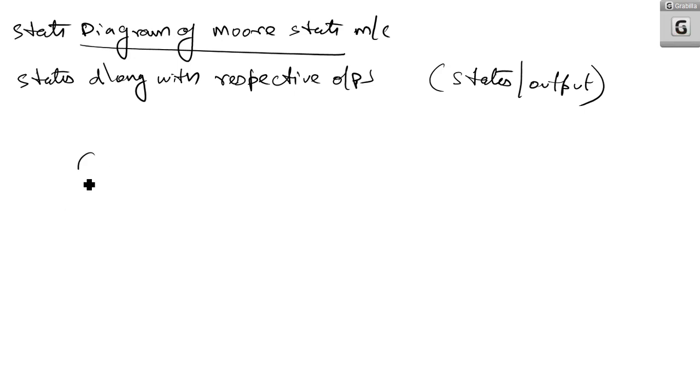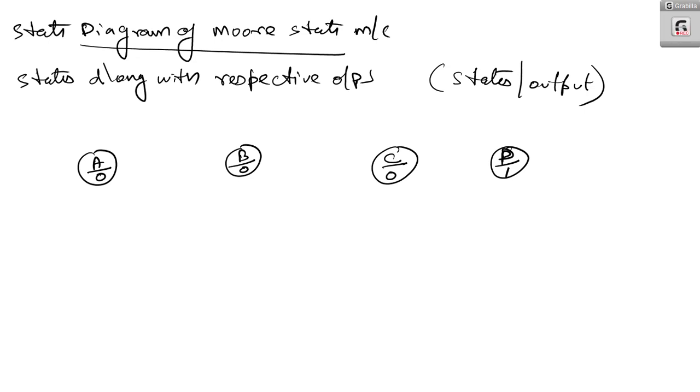For example, if I am having state A, my output is 0. For B, my output I am taking as 0. For C, output is 0. And for D, my output is 1.